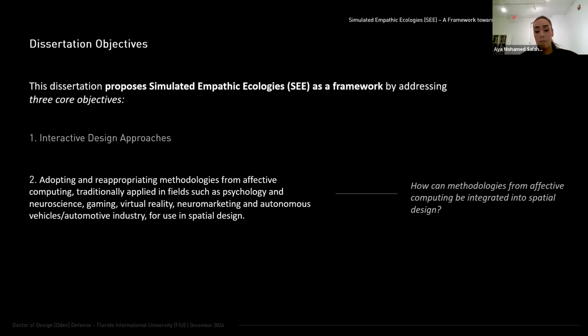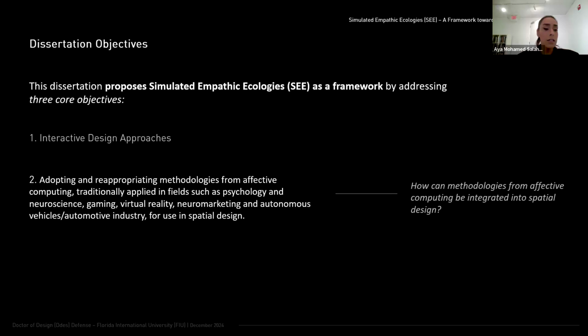So learning from these disciplines that have been pushing this domain further, and looking at the methodologies that were used, and trying to integrate them within spatial design thinking.